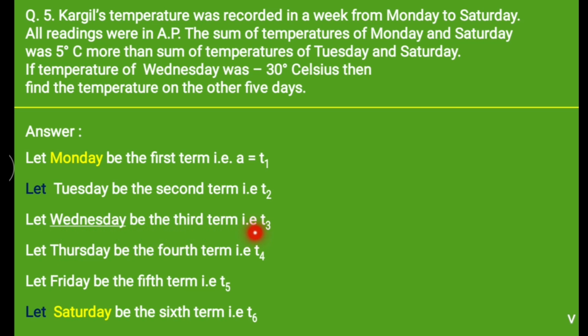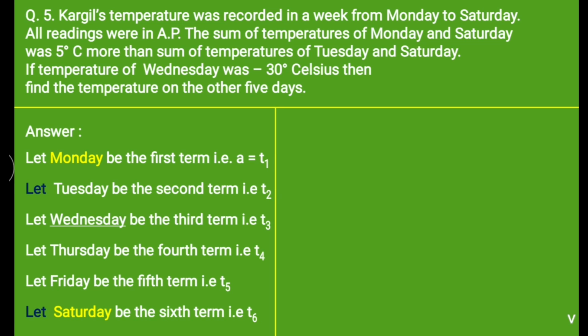Wednesday the third term, T3. Thursday the fourth term, T4. Friday the fifth term, T5, and Saturday the sixth term, T6. That means we consider T1 to T6 as Monday, Tuesday, Wednesday, Thursday, Friday, Saturday respectively.